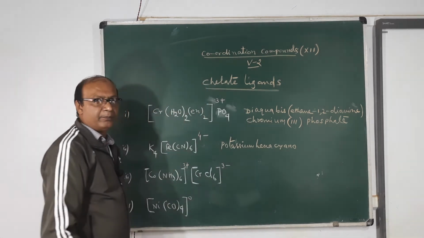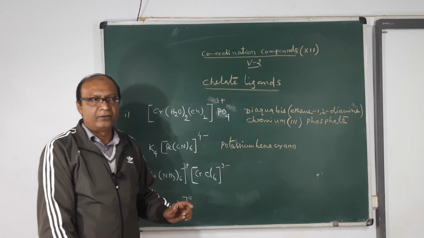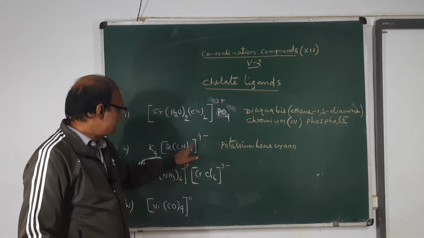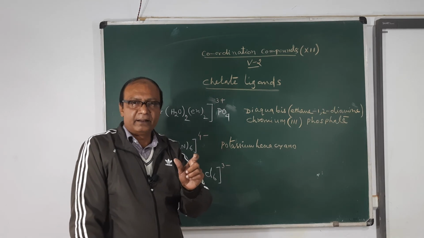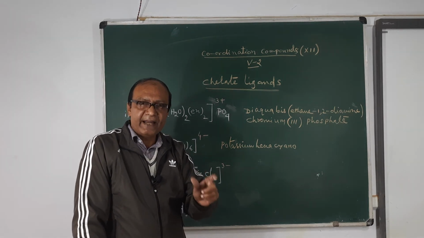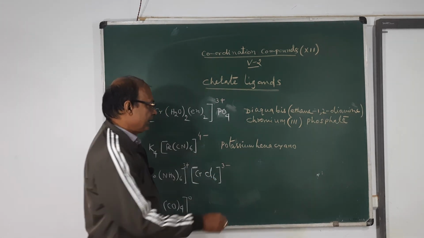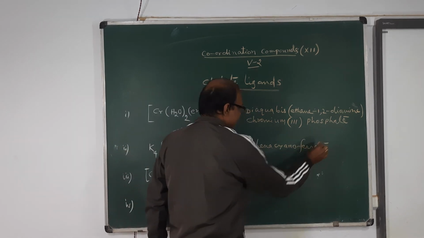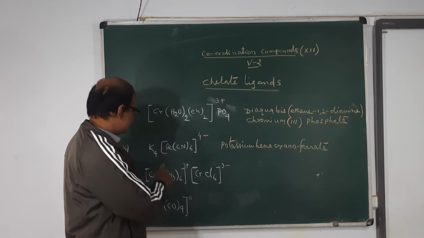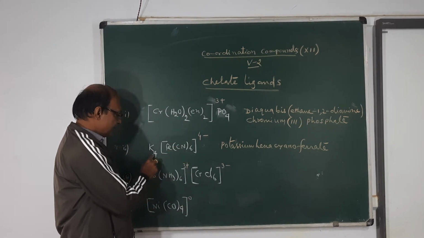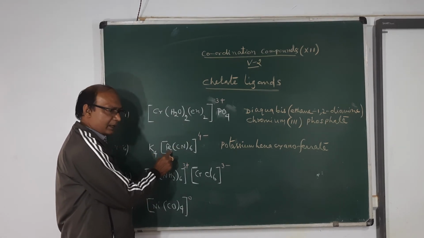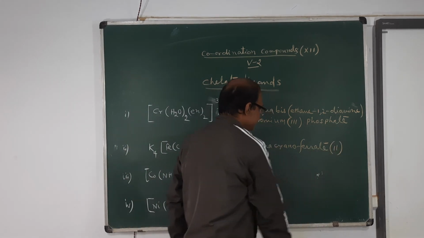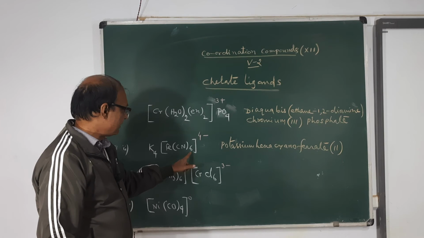Then you write the name of the central metal, iron. The English name is iron, the Latin name is ferrum. So when the complex is anionic, you have to write the Latin name, ferrum, with an ate ending. So hexacyanoferrate. Then write its oxidation number. The oxidation number is: six minus, four plus, so the metal carries 2 plus. Therefore the oxidation number is 2, ferrate(II). This is the IUPAC name of the second complex.